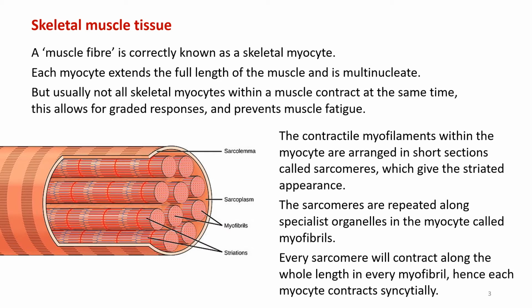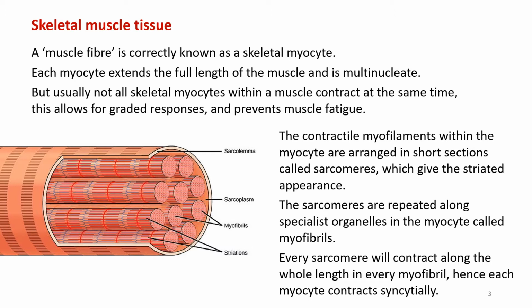Each sarcomere will contract along the whole length in every myofibril within that myocyte. So although not all myocytes will be contracting, within a single myocyte, contraction will occur in every sarcomere in every myofibril at the same time, simultaneously. And we talked about that before in terms of other types of muscle.